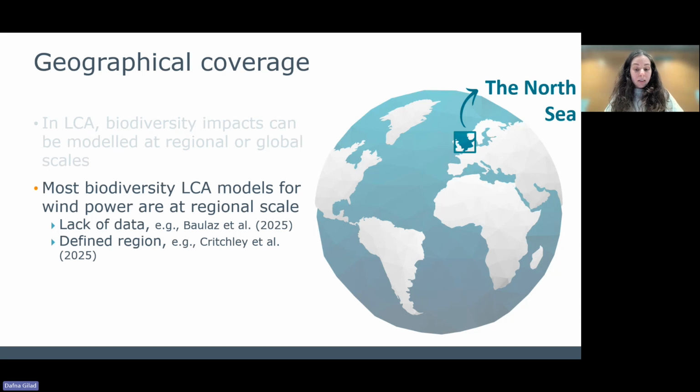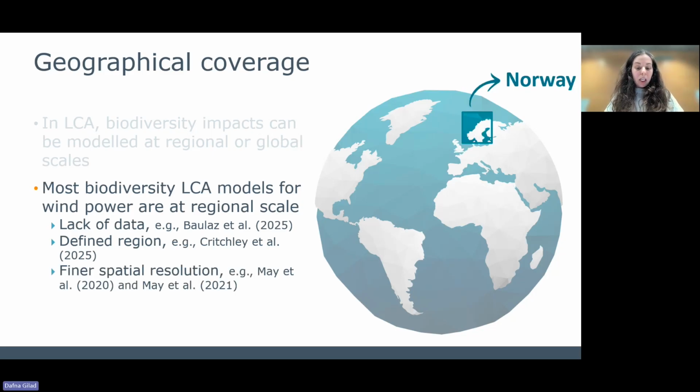Another reason is if you intentionally want to look at a specific region, for example, potential impacts of offshore wind development in the North Sea. And another reason is that local models will often be a bit more accurate than global ones because they use finer spatial resolution. So you can have a global model, but then you can also zoom in and focus on a certain country, for instance.